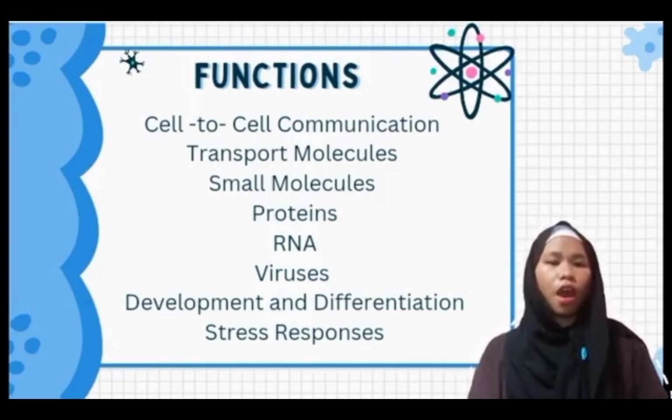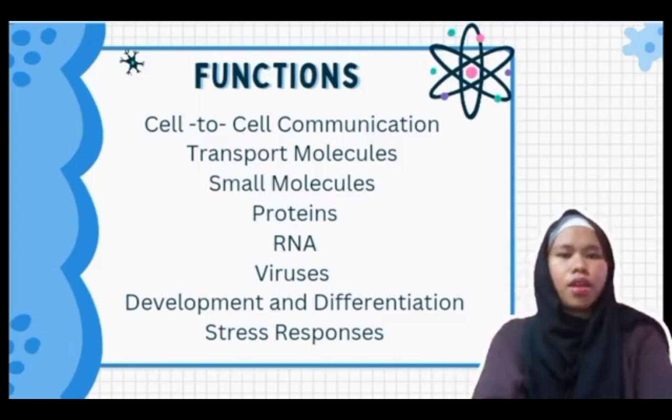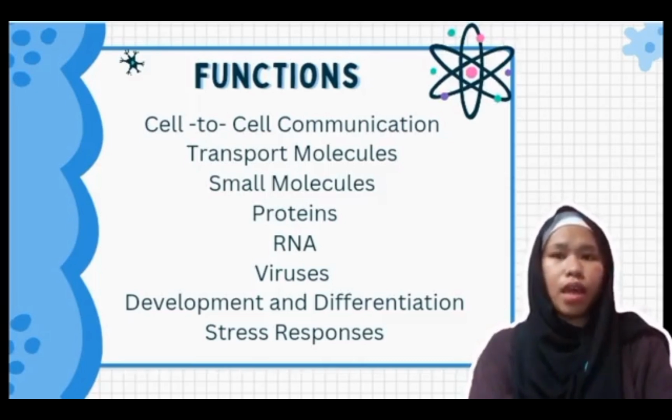And also RNA. Messenger RNA can move through plasmodesmata, enabling gene expression to be coordinated between cells and potentially influencing cell fate. And also viruses. Some plant viruses can exploit plasmodesmata to spread from cell to cell.